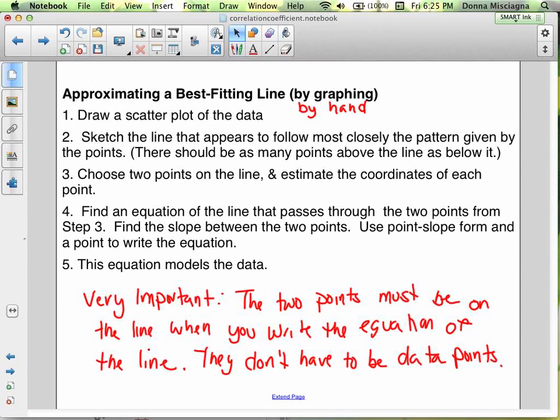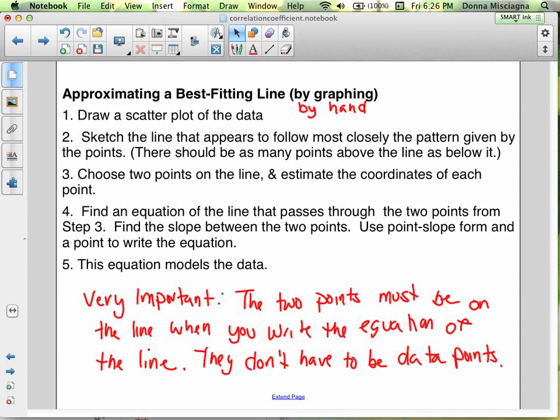We're going to sketch the line that appears to follow most closely the pattern given by the points. There should be as many points above the line as below it. Choose 2 points on the line and estimate the coordinates of each point. You want to do as little estimating on that as possible, so you want to choose the clearest points you can.